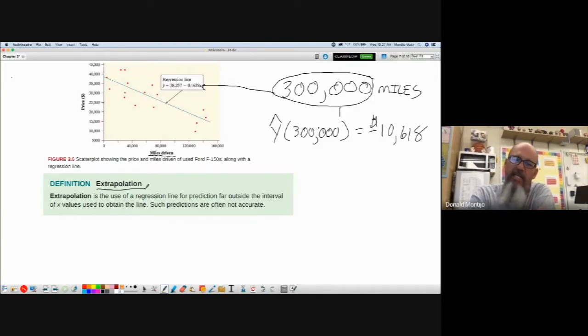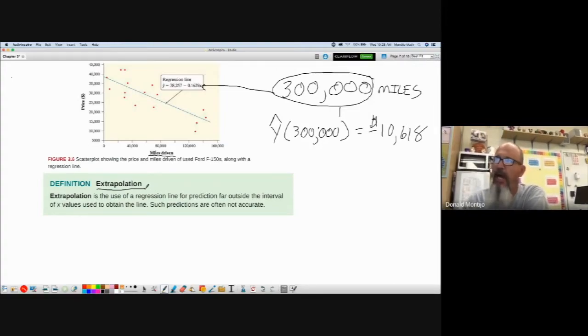We know that doesn't make any sense because at some point we're going to quit growing. Well, same thing with the price of a truck. At some point, once the truck reaches a value of $0, well, obviously, we're not going to be paying a bunch of money for somebody to buy our truck from us. So be careful when you make predictions. Okay? Always go back and ask yourself, does this make sense?